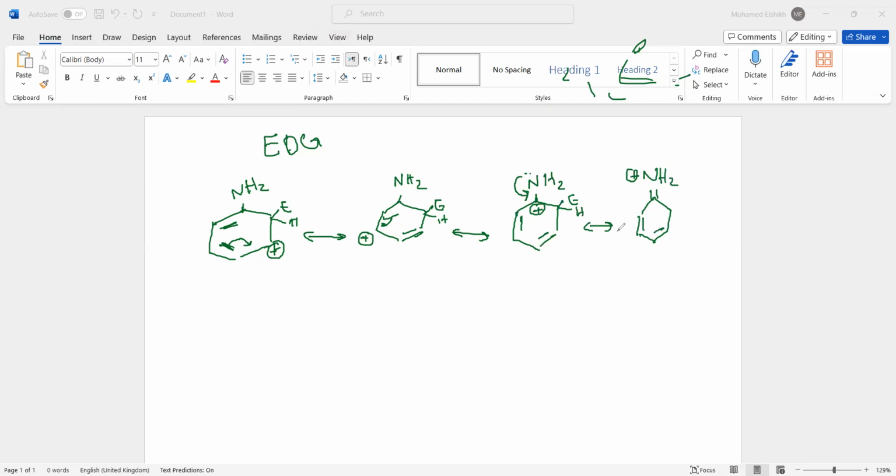Okay, now this is in relation to the ortho, and the para is exactly the same thing, so I'll not repeat it again. So let's do the meta. Let's assume there had been a substitution in the meta position.